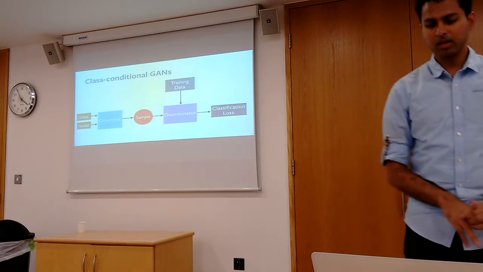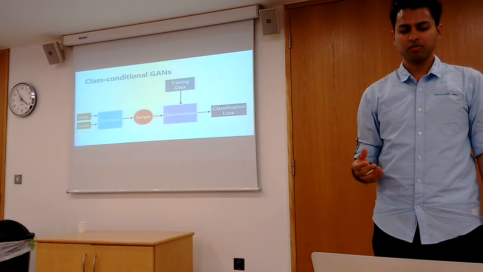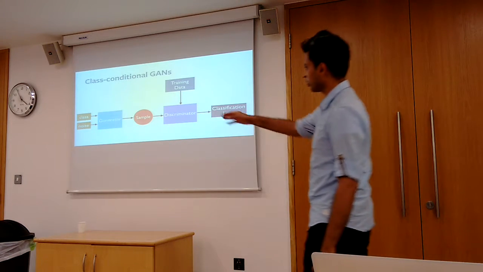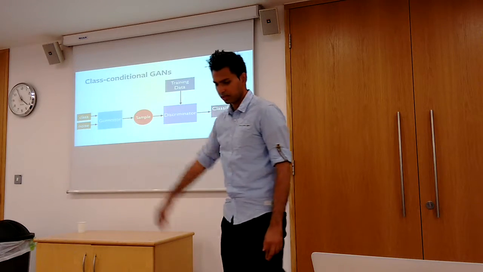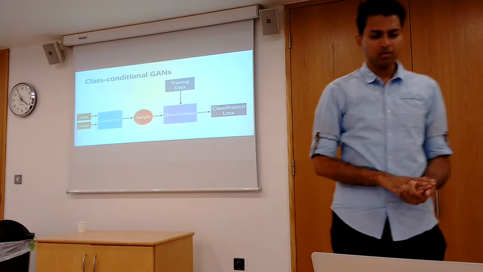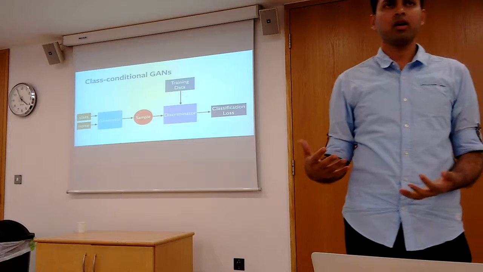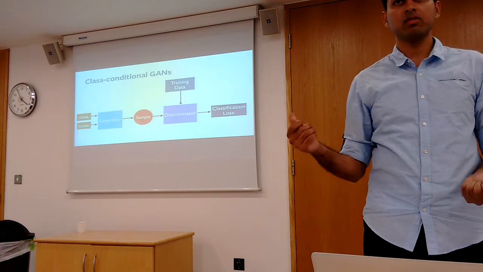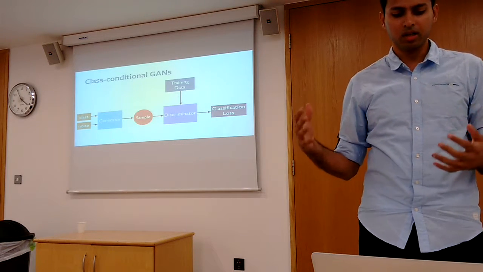And the second modification we make is, apart from giving just the noise, that is the multivariate Gaussian, to the generator, we also give a one-hot coding of the class we want to generate. And this is not in an unsupervised setting.